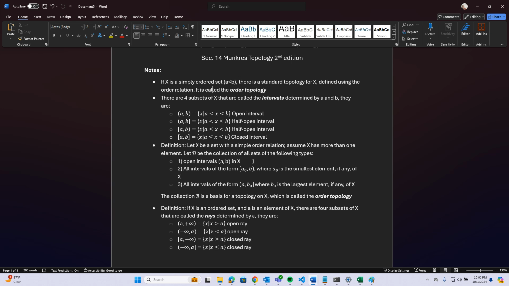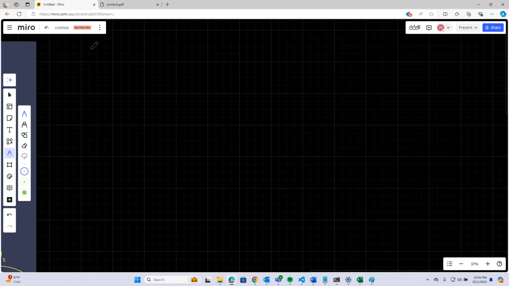So in the particular example that I gave, 1, 2, 3, 4, 5, let me go ahead and write that out. Let's say I have a set X, and that set is defined as 1, 2, 3, 4, and 5.